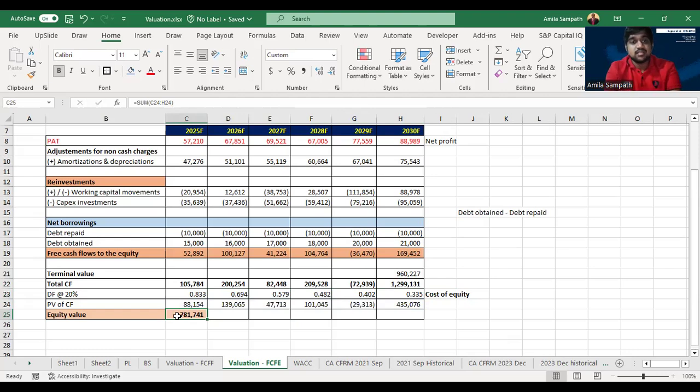The summation of the present value of the future cash flows we can directly say is the equity value, because we got our free cash flow to the equity. Therefore, we don't need to do the net debt adjustment.